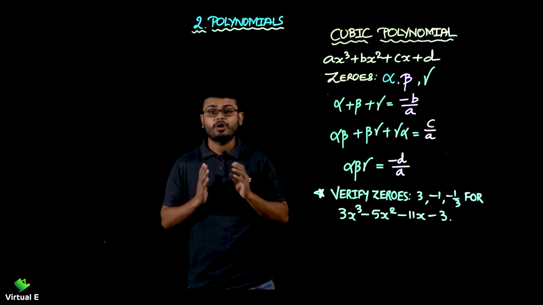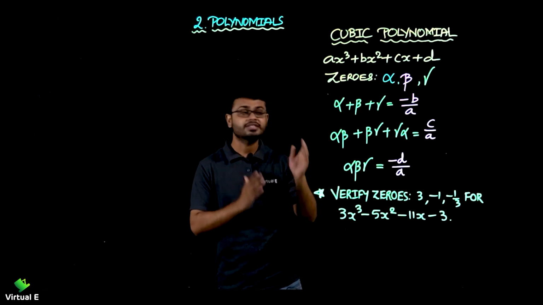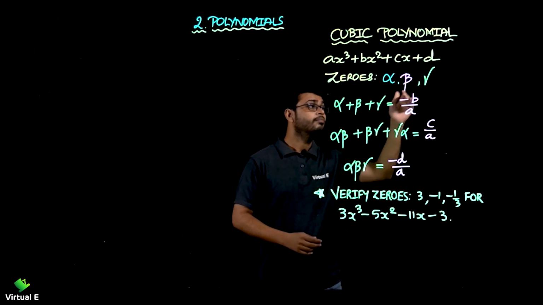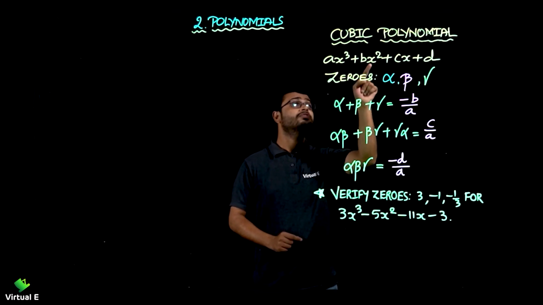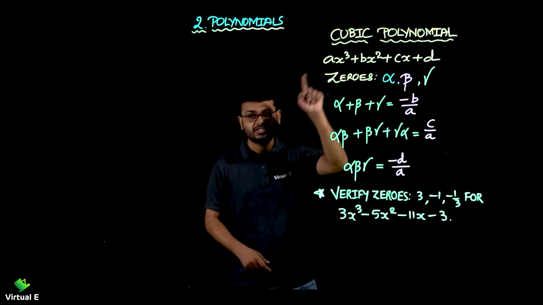We discussed the quadratic polynomial. Now let's start with the cubic. First I am taking this sum, alpha plus beta plus gamma, which will give you minus b by a. Remember, b is the coefficient of x square and a is the coefficient of x cube.